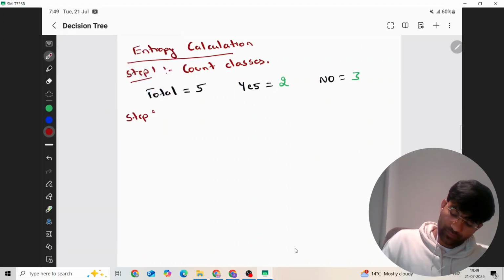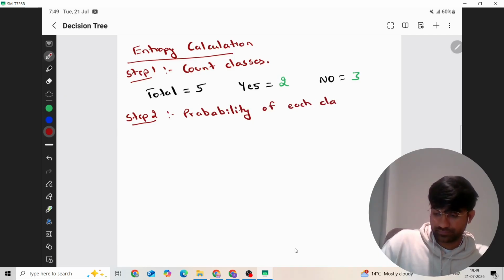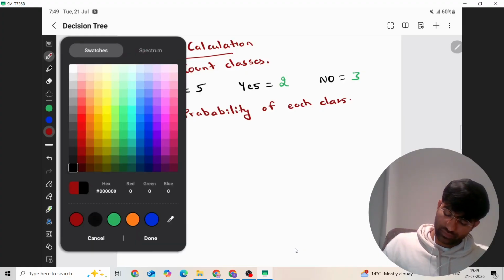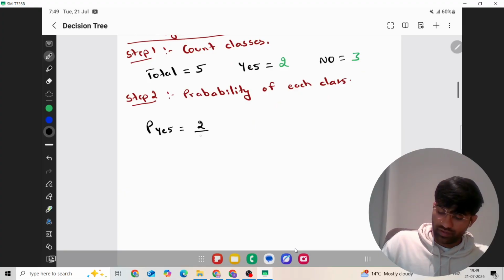Step 2, probability of each class. What will be the probability of yes? That is 2 by 5.